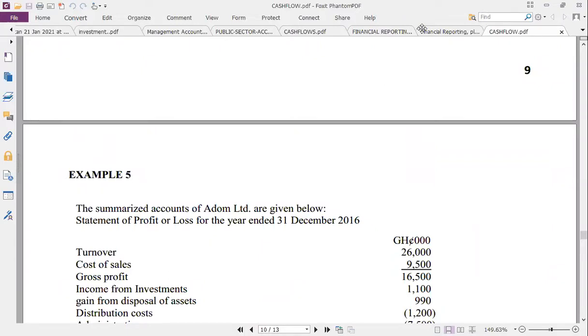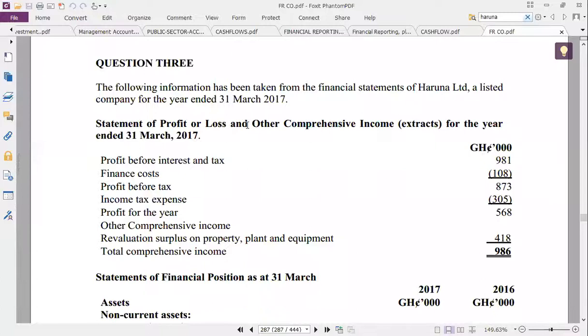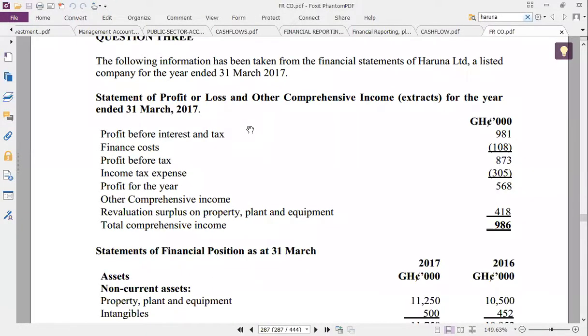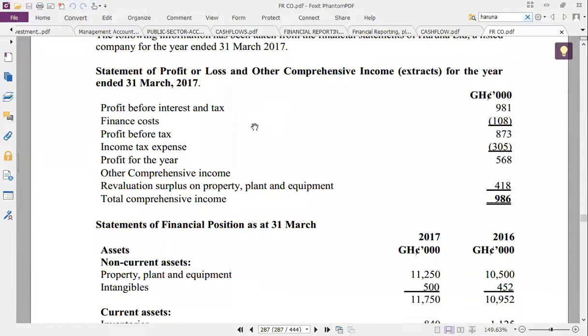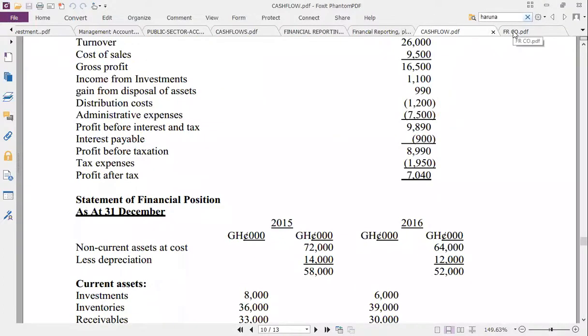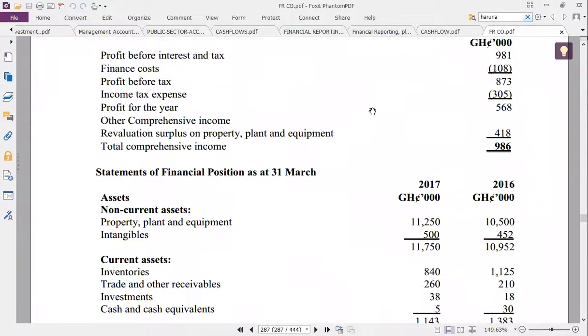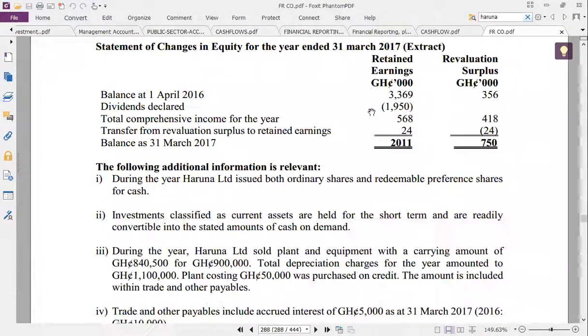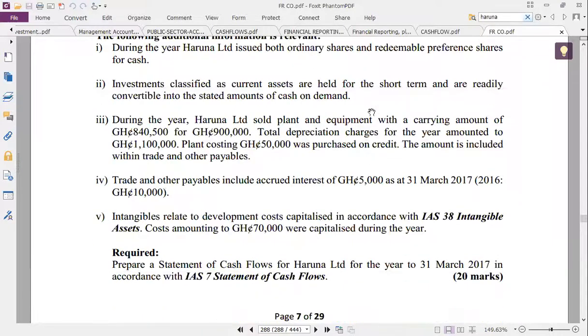Okay, now let's go and scan through Haruna. May 2017 question 3 ICAG. Great. This is 2017 May Haruna Limited. And it's almost in line with this particular question, example 5. Haruna is a bit more detailed than that one. Good. Now, this is the section that I mentioned, that a plant of 50,000 was purchased on credit.